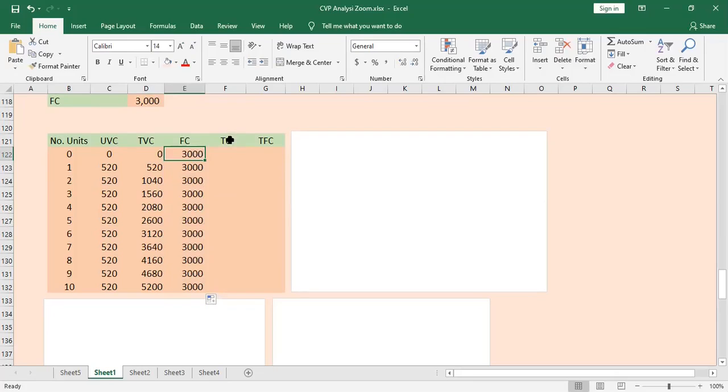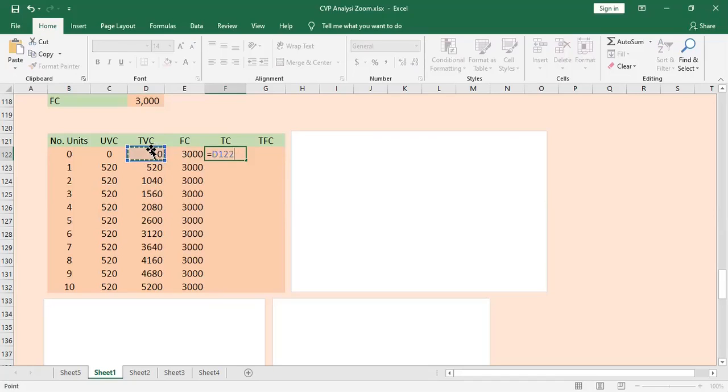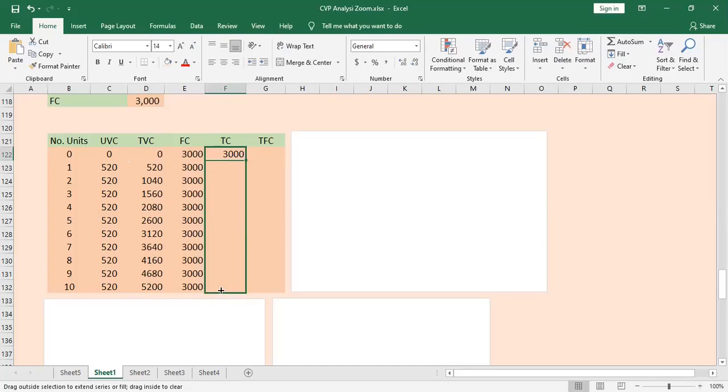Then the total cost is always equal to total variable cost plus fixed cost. As I said, we can divide total cost into two parts, variable and fixed. So when you do the calculation, you are getting these numbers.